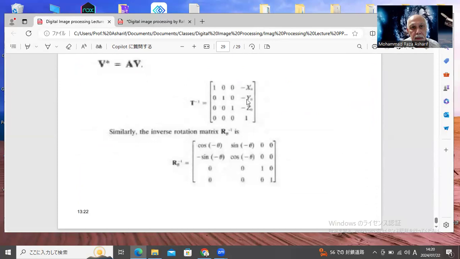Remember, it should be in the order, and the inverse transformation is like this, as we said here.